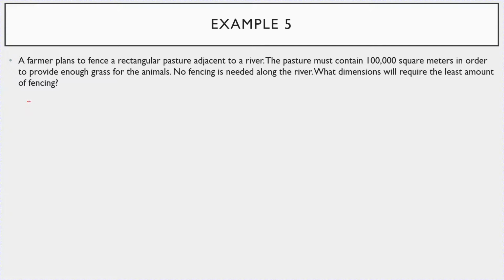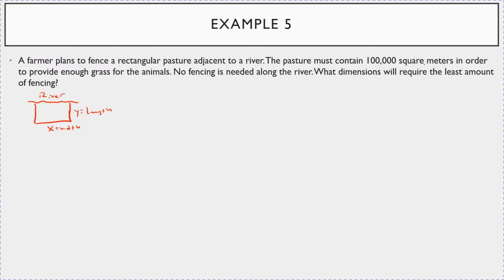Well, look, here's the river. And no fencing is required along the river, obviously. So this will be our width. We're looking for that. And then y will be our length. Well, look, what is this farmer trying to minimize, okay, right?